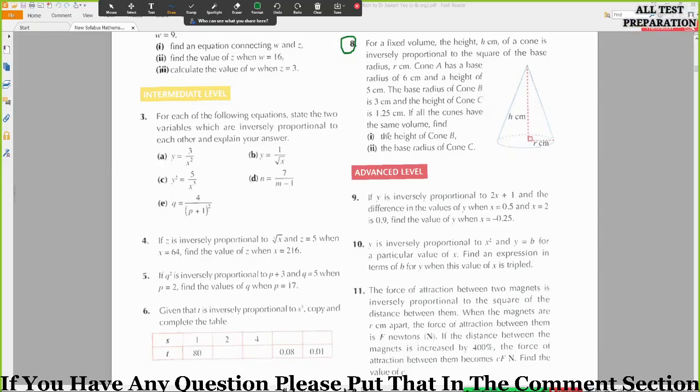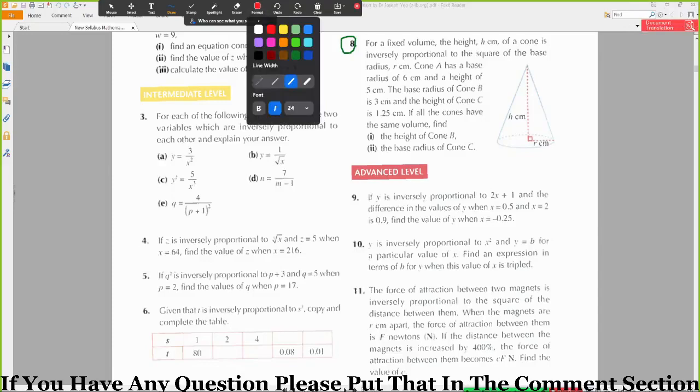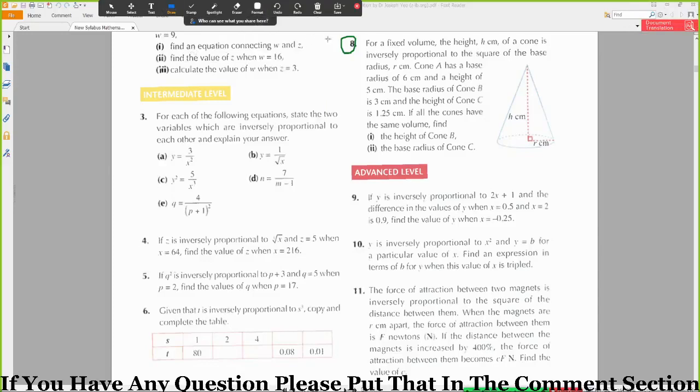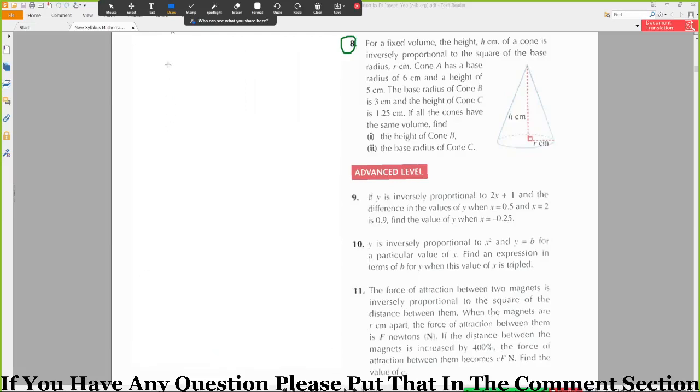Read the statement. For a fixed volume, the height h centimeters of a cone is inversely proportional to the square of the base radius r centimeters.